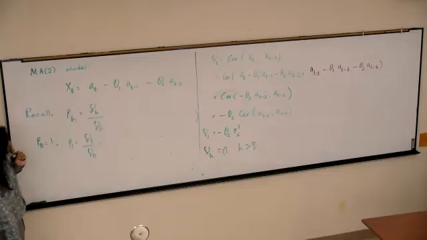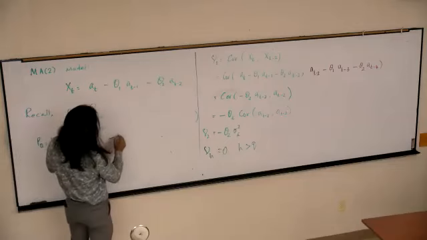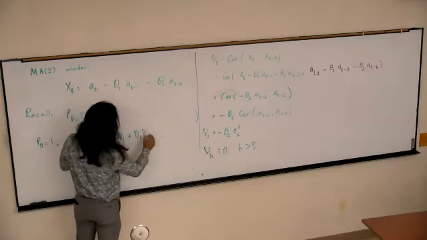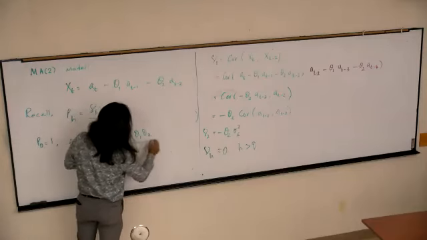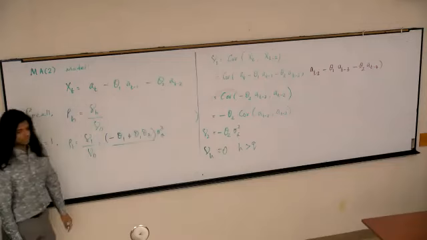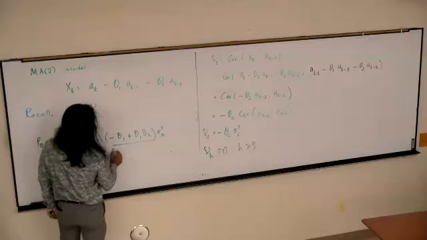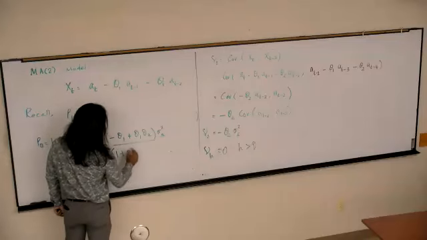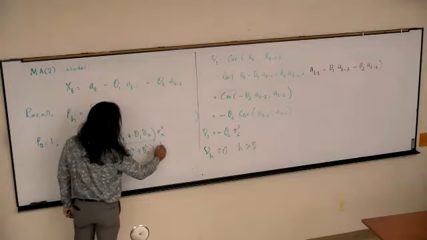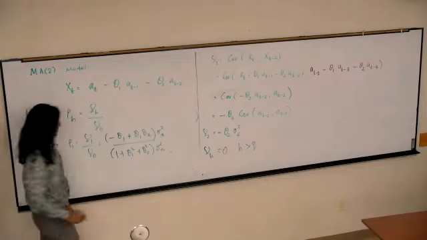Well, what is gamma 1? Negative theta 1 plus theta 1 theta 2 times sigma squared A, over 1 plus theta 1 squared plus theta 2 squared times sigma squared A. Sigma squared would go away.